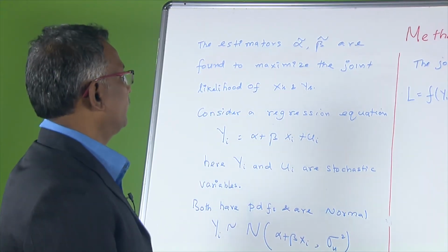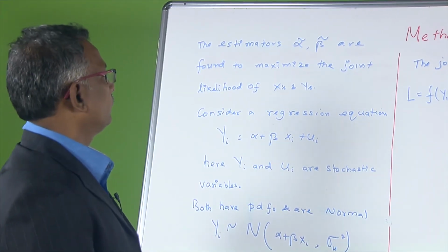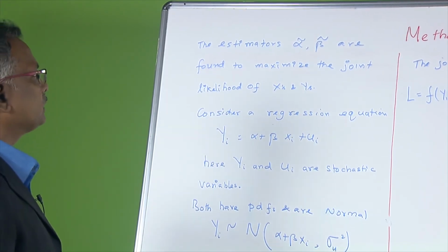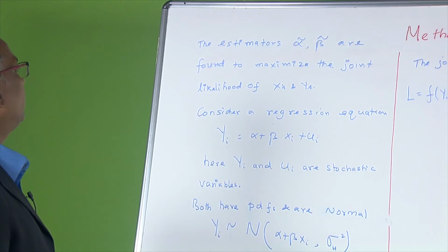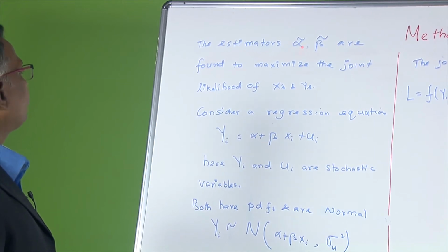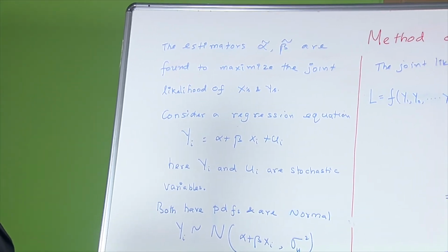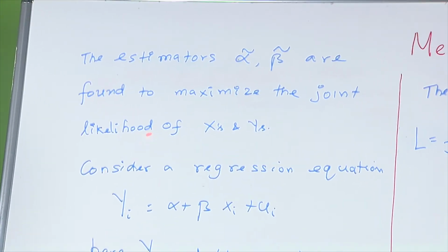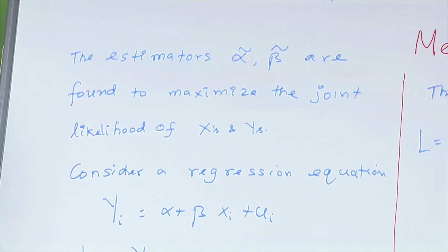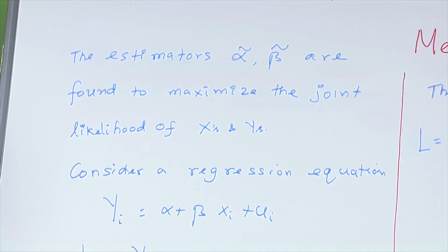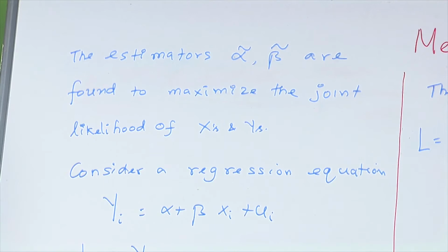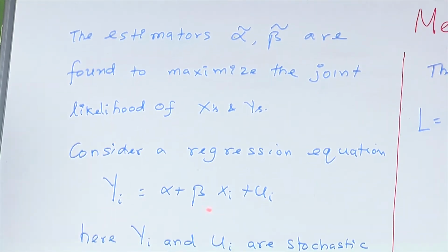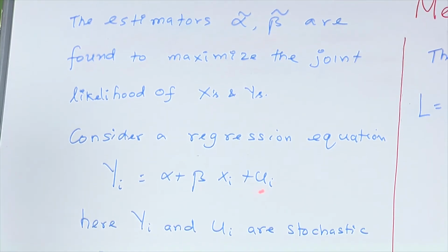Now, let us explain the method of maximum likelihood. In this case, we denote the estimators of the maximum likelihood method as alpha tilde and beta tilde. These are found by maximizing the joint likelihood of x's and y's. Consider a regression equation: Yi is equal to alpha plus beta xi plus ui.